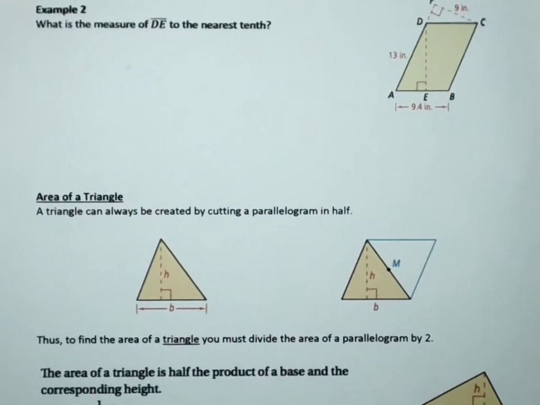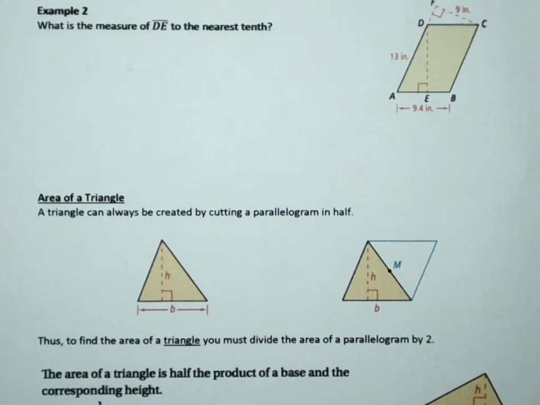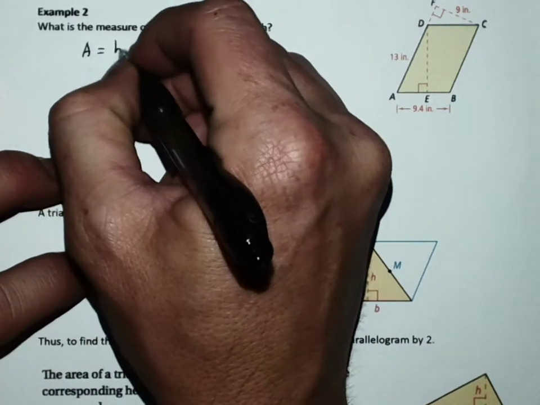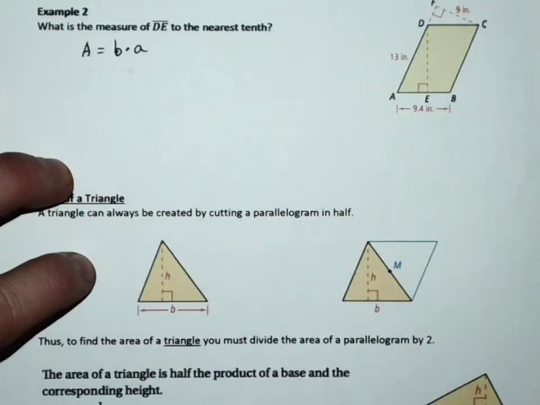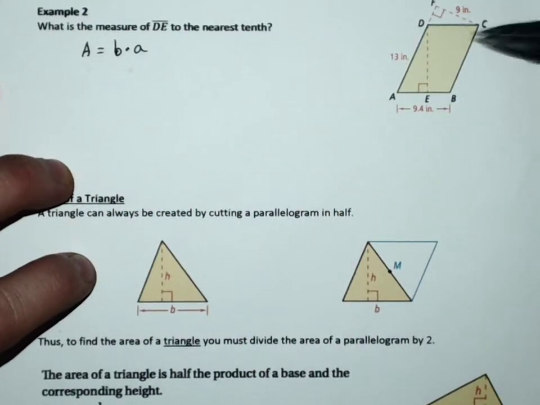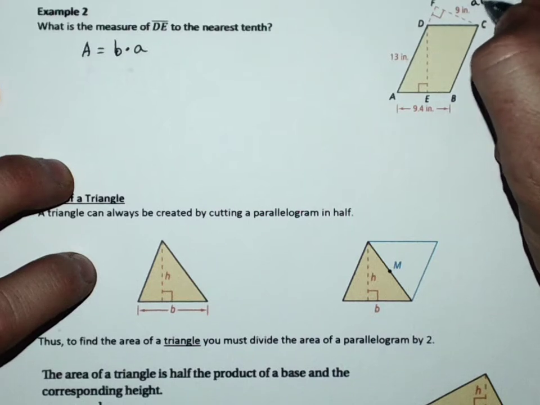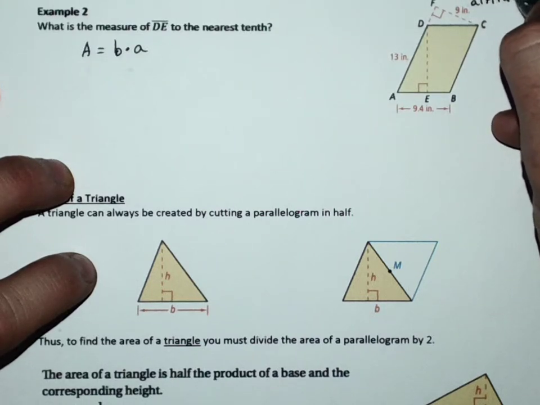What is the measure of DE to the nearest tenth? This is asking us to go a little bit different way. We understand that the area is going to equal the base times the altitude. Well, I am given an altitude here of 9. This 9 is an altitude.